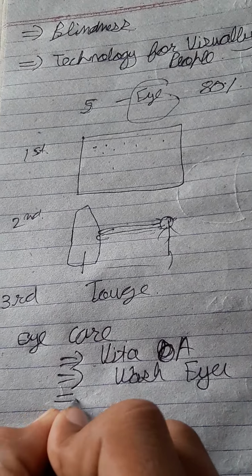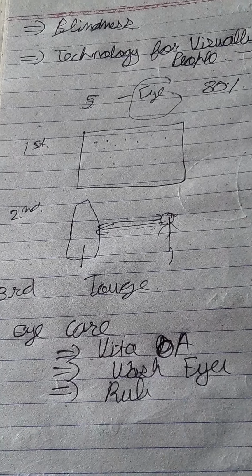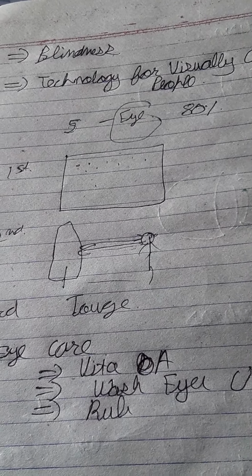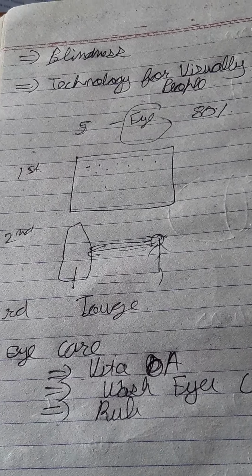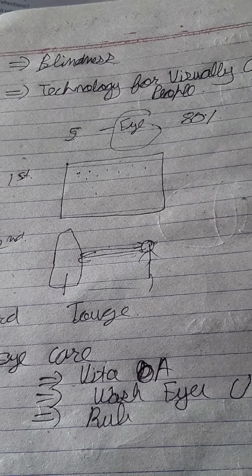Next, do not rub your eyes, because rubbing can make your eyeball shorter and elongated. And always contact the doctor if you have any problem related to eyes.